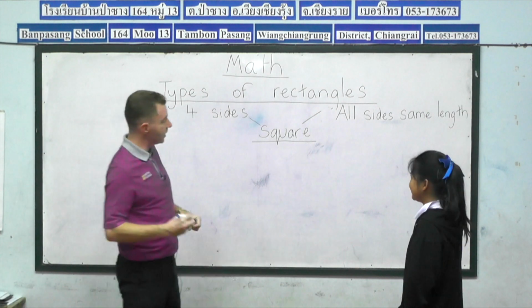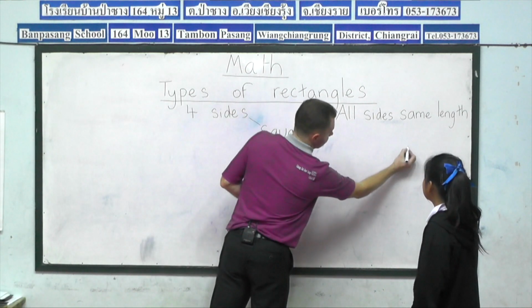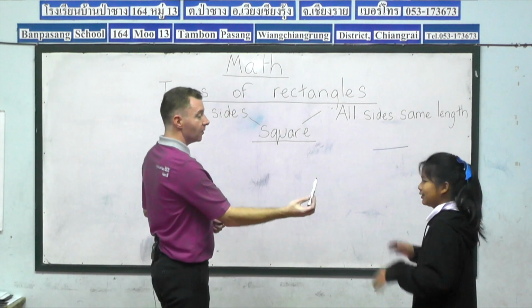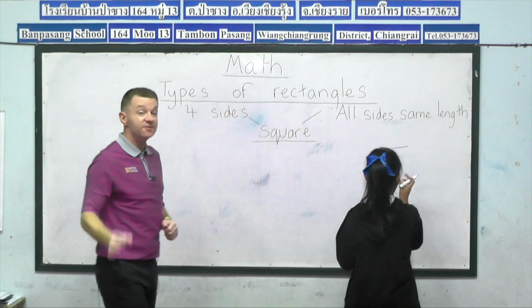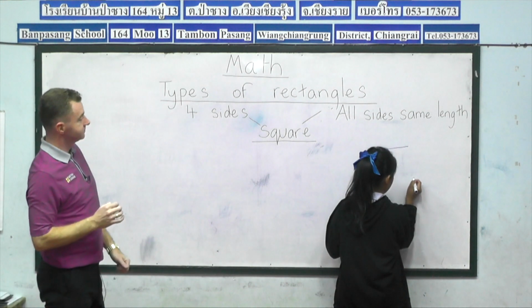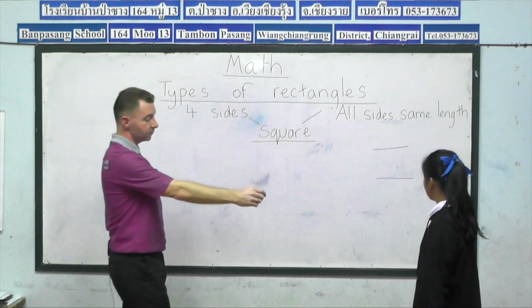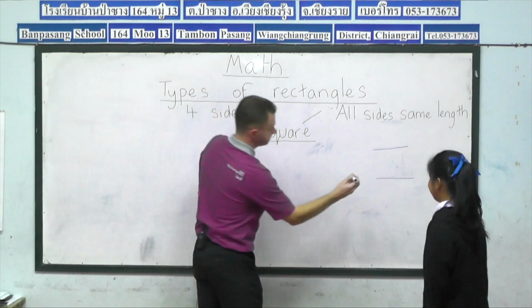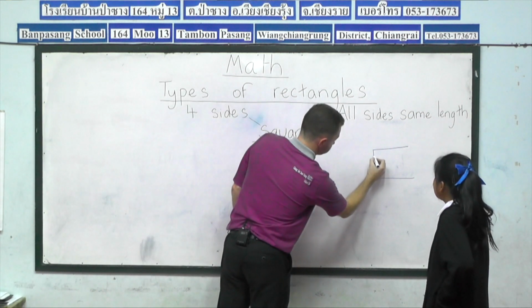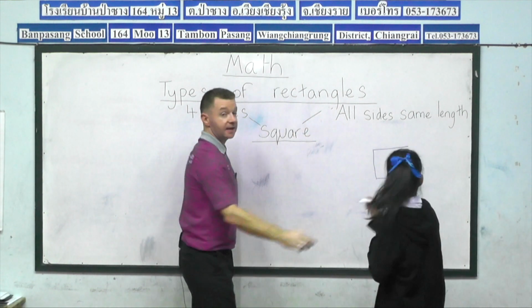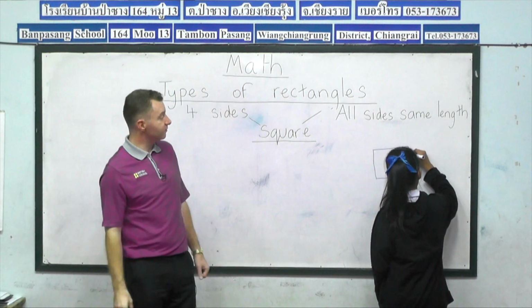So what I'll do now is I will draw one side here. And now I would like Lakau to draw the opposite side of the same length. Perfect. Now what I will do here is draw another one of the same length. And then Lakau can complete the square with the same length.